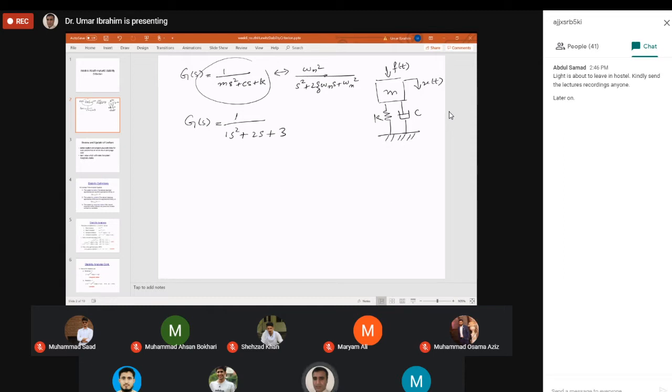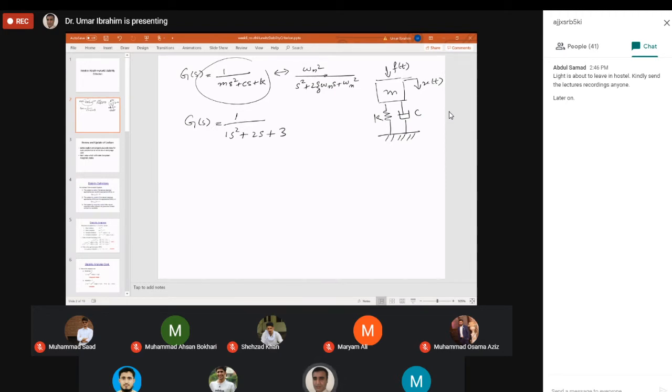Now, if someone asks you if this system is stable or not, you can apply different criteria, or on the physical level, you can check whether this system is stable by giving it some small disturbance.